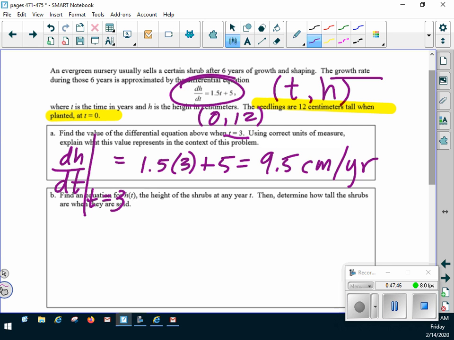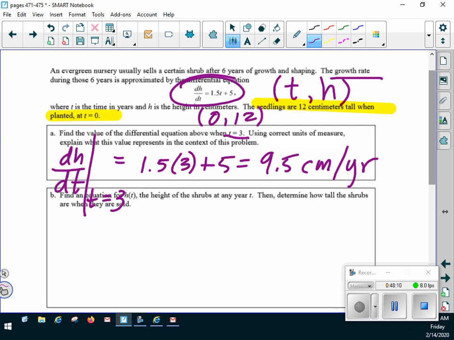Three years after planting. That's right. 3 years after planting, the shrubs are growing at a rate of 9.5 centimeters a year. Do you understand that? 3 years after planting, the shrubs are growing at a rate of 9.5 centimeters per year.